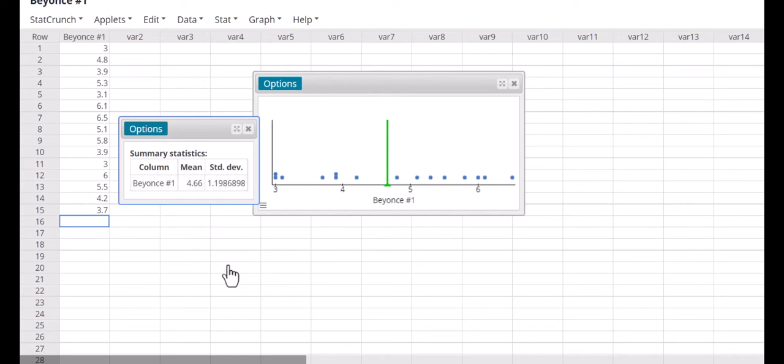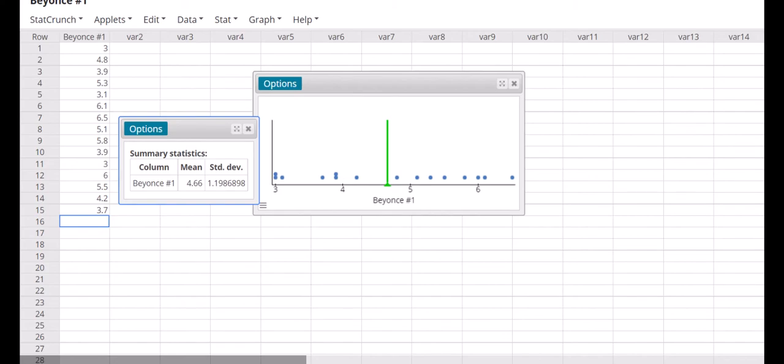Now this is the mean of the word length, the length of each word. So the average word length in this small sample was 4.66 letters long, with a standard deviation of 1.19, so about 1.2 letters.